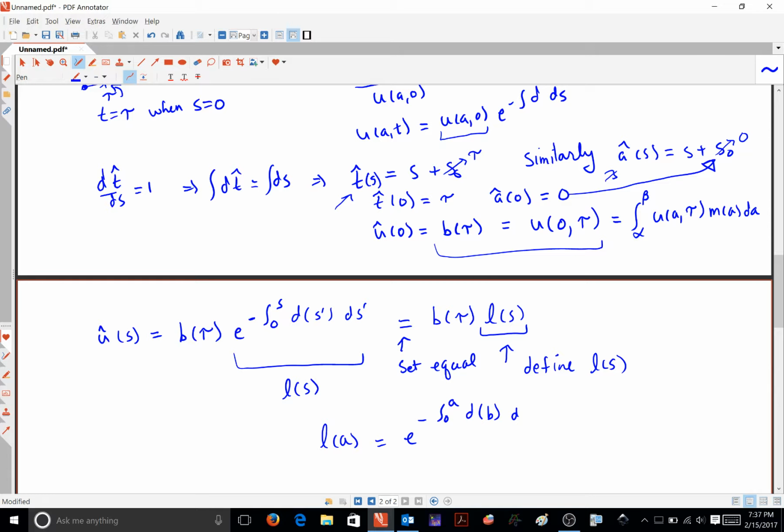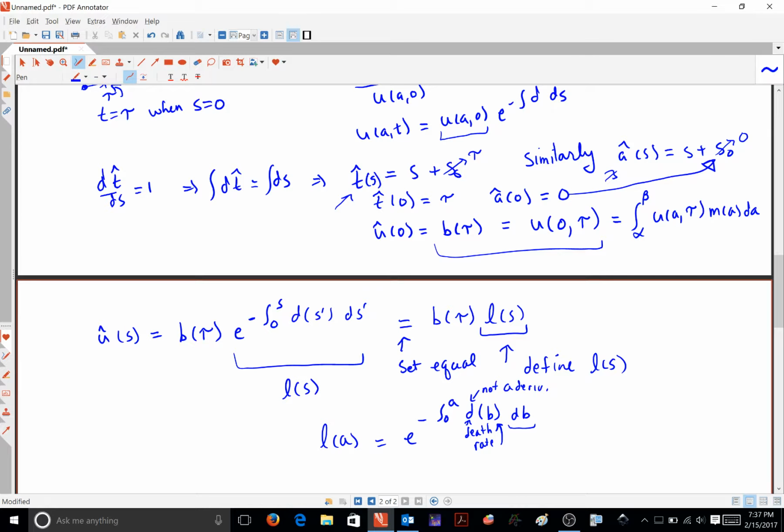And then with respect to b, this is not a derivative. You're integrating this function. This is the death rate. The death rate is a function of b, and then you're integrating with respect to b. They just changed the variables there. They could have called that t, they could have called it s and been done with it.